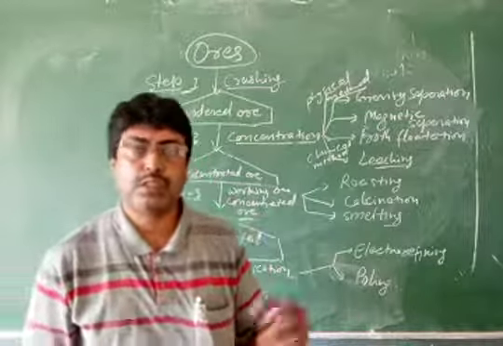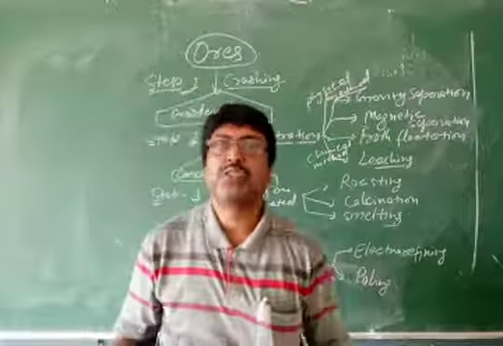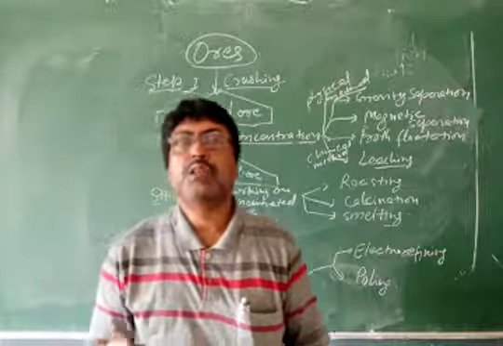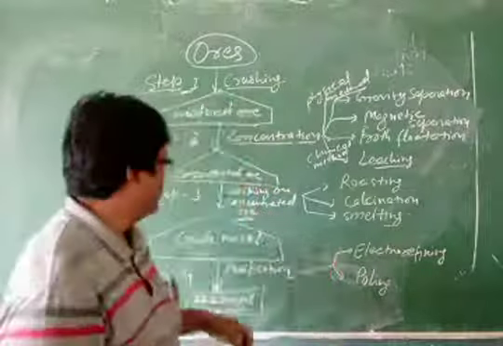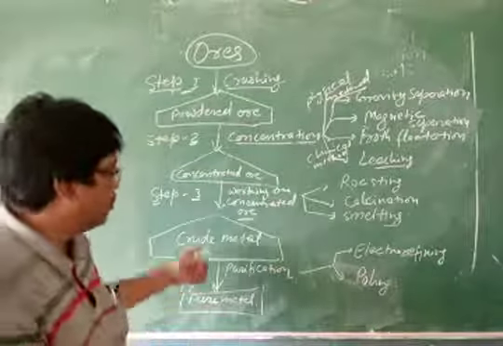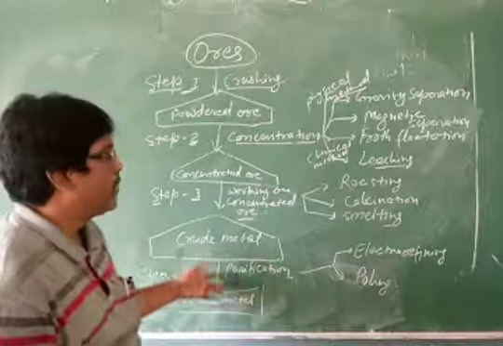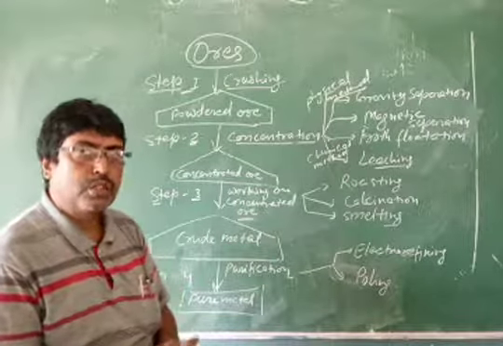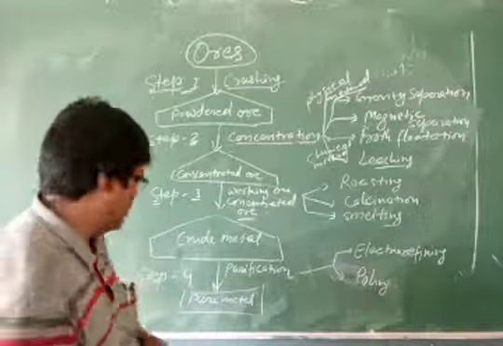Suppose the extraction of copper will follow some different process, and the extraction of iron will follow a little bit different process. So once you get the crude metal, you purify the metal either by the electro refining process or by the polishing process or some other processes.